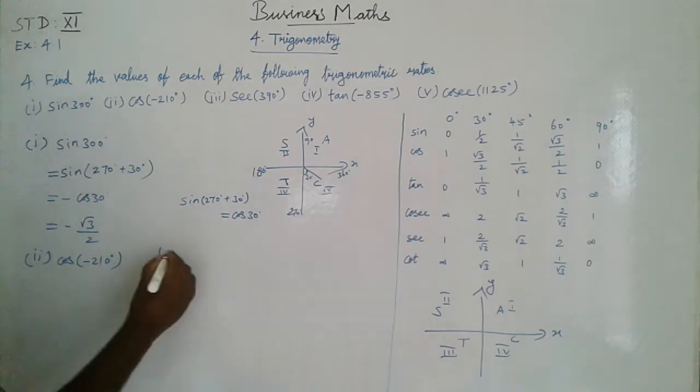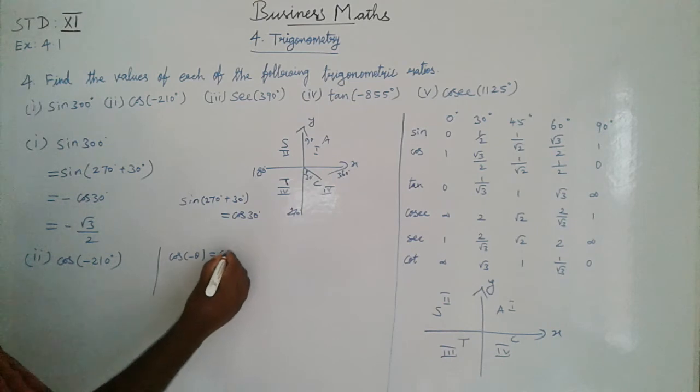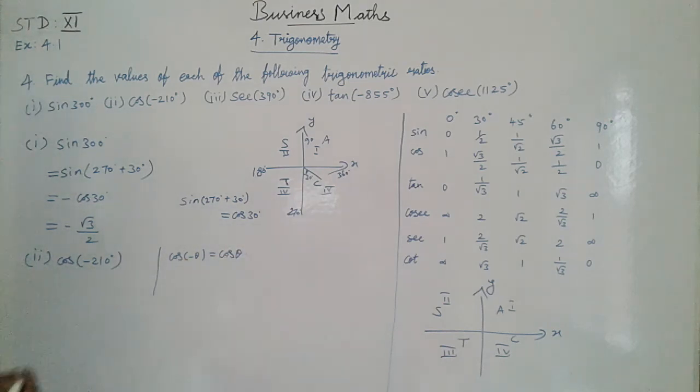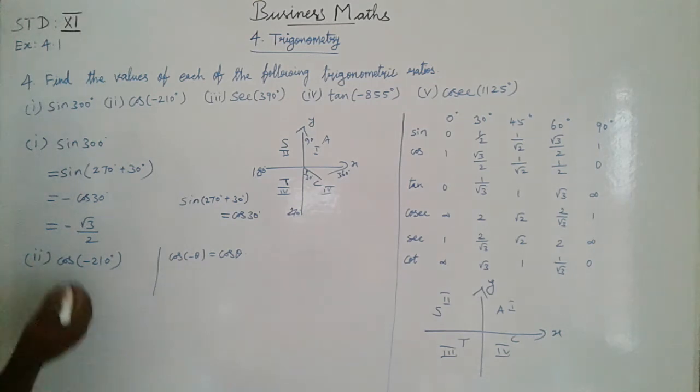One of the formulas is cos of minus theta equals plus cos theta. Cos theta is an even function. So cos of minus theta equals plus cos theta. Same like this, we should write cos 210 degrees.